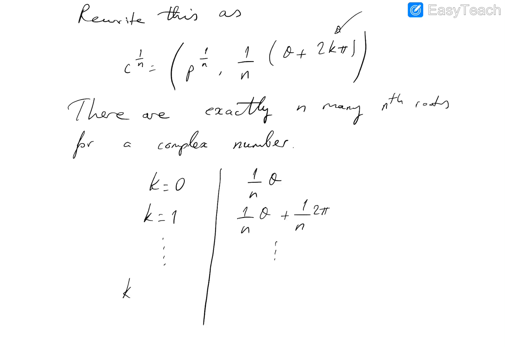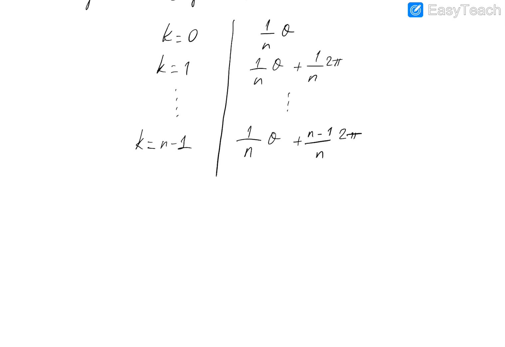And then this is up to k equals n minus 1. If we substitute it, we get 1 over n theta plus n minus 1 over n 2 pi. In fact, when k is equal to n, we obtain the first solution. And when k is equal to n plus 1, we obtain the second solution, and so on. So we get a repeating sequence.